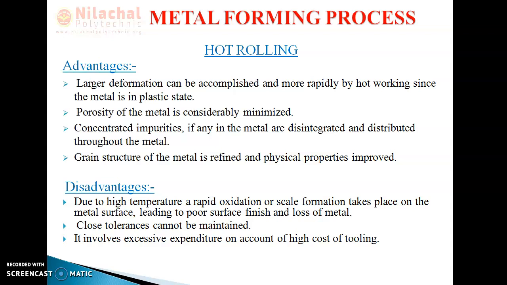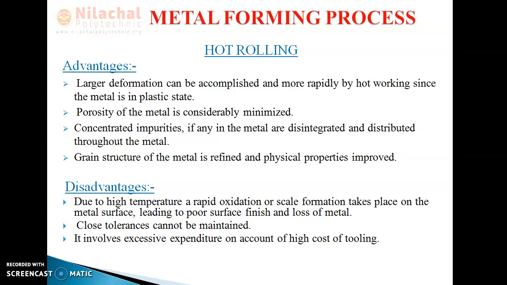That means larger deformation can be achieved. Number 2, porosity of the material is considerably minimized. Number 3, concentrated impurities, if any, in the metal are disintegrated and distributed through the metal. That means if the workpiece contains a certain amount of impurities, that can also be changed or reduced.